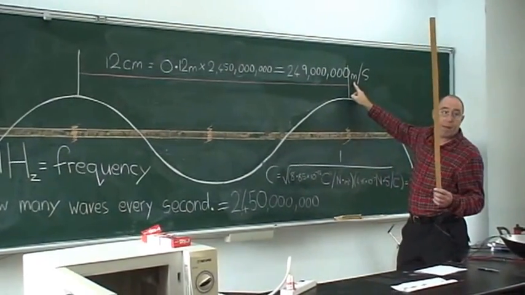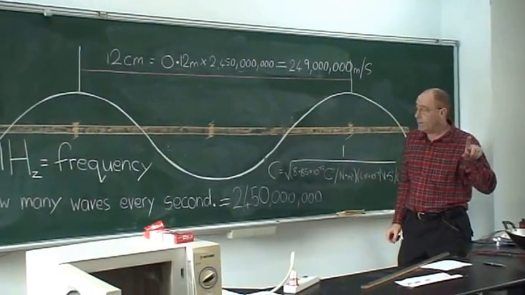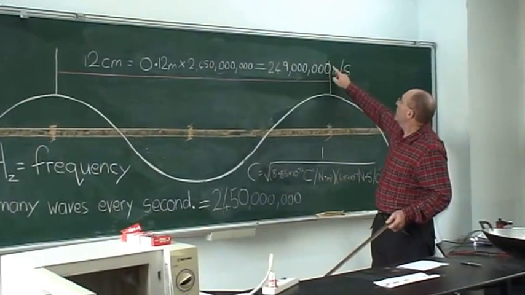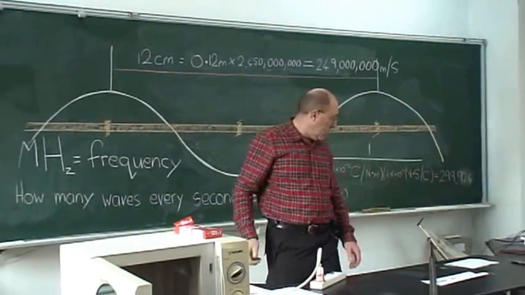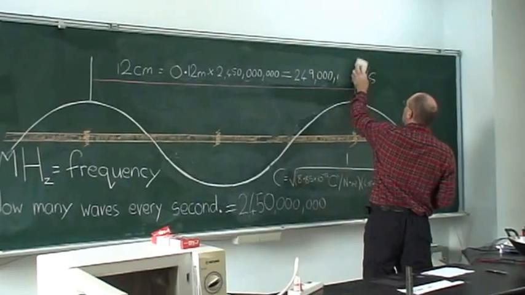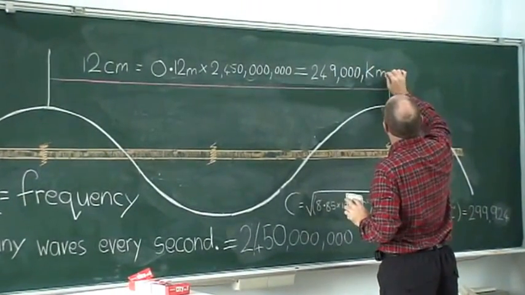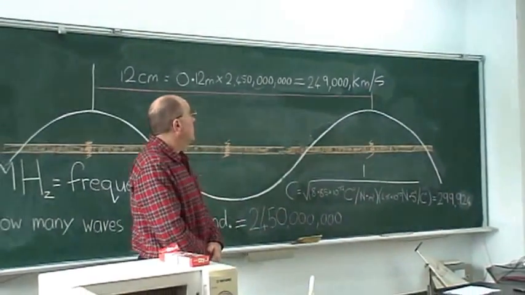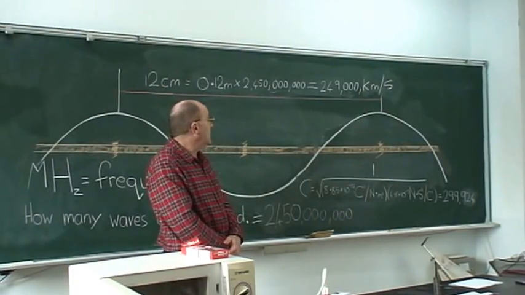Meters every second. I can change that to kilometers every second. There are 1,000 meters in 1 kilometer. So if I go 10, 100, 1,000, then I have this number here. That's km every second. 249,000 kilometers every second.